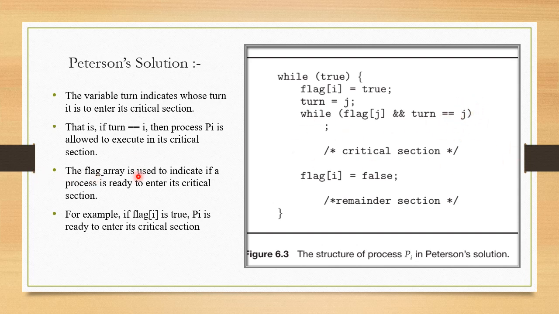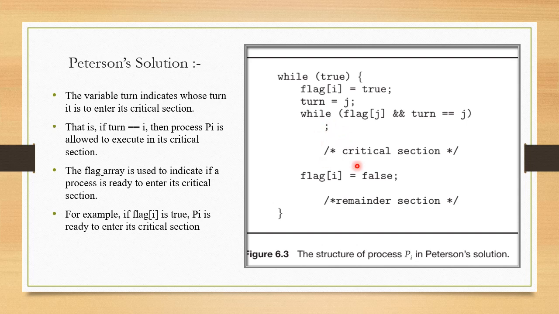Now, the flag array is used to indicate if a process is ready to enter its critical section. For example, if flag[i] is true, then process Pi is ready to enter its critical section. What we can see here is flag[i] equals true. That means process i is ready to enter its critical section, while the variable turn equals j suggests that process j is given the permission to execute its critical section.